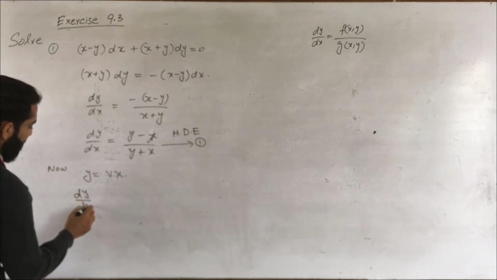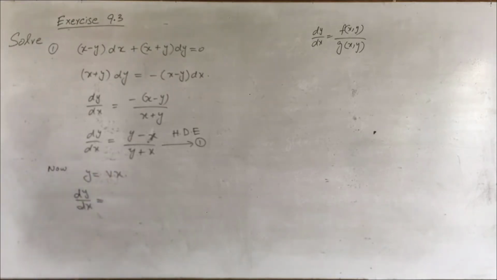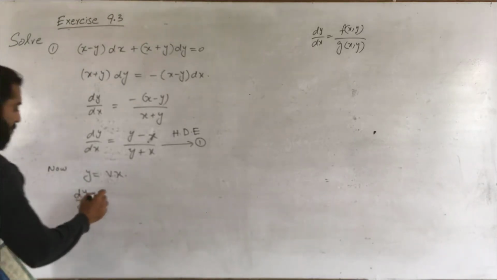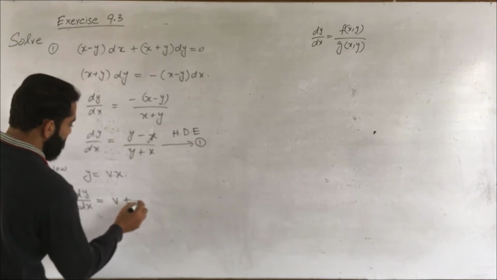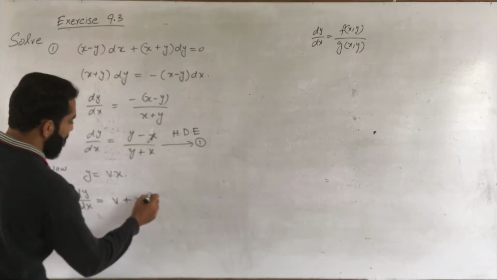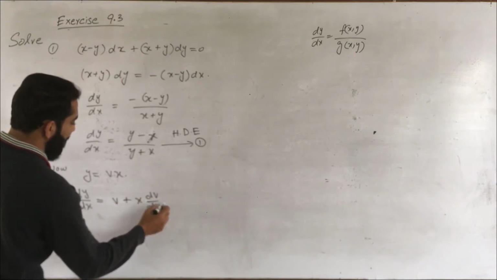dy over dx is equal to, we will apply the product rule of derivatives. V same, derivative of x is 1, plus x same, derivative of v is dv over dx.